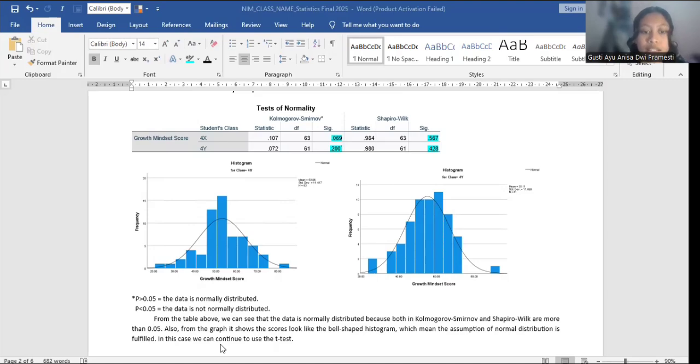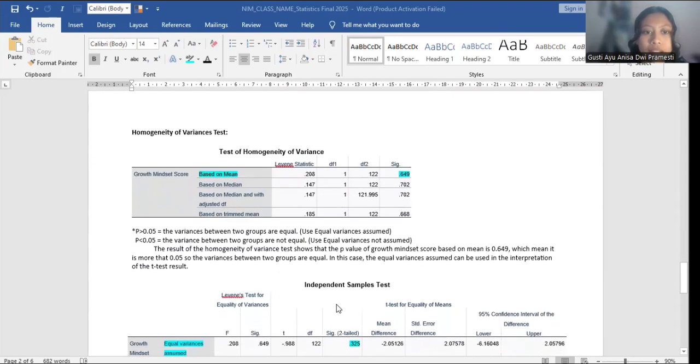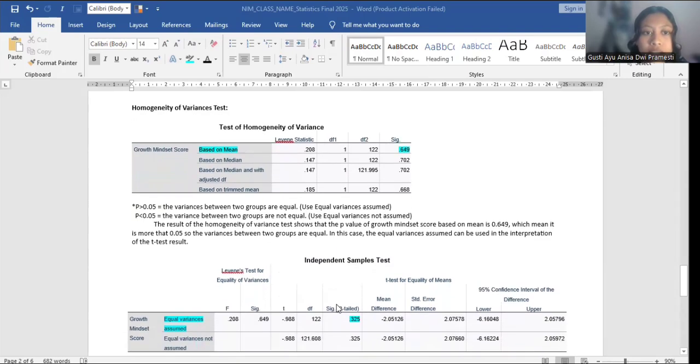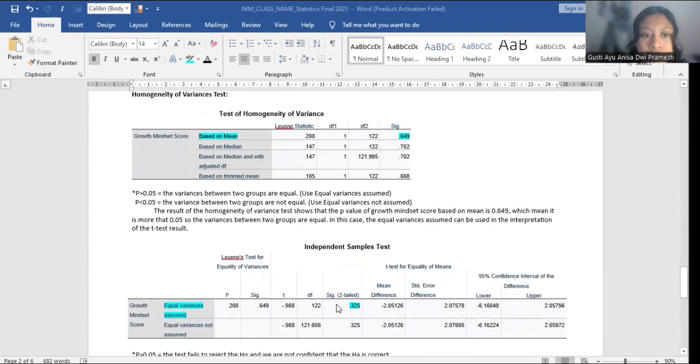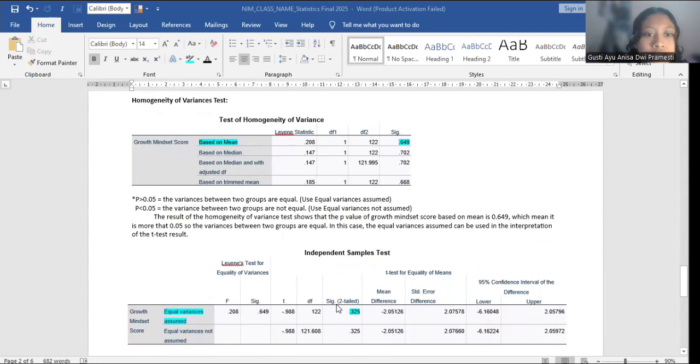In this case, we can continue to use the t-test. Now, we will test the homogeneity of variance. If the p-value is more than 0.05, the variances between the two groups are equal. If the p-value is less than 0.05, the variances between the two groups are not equal.